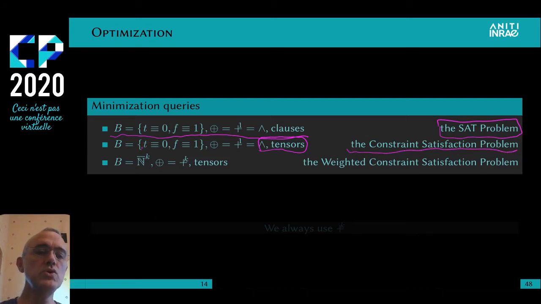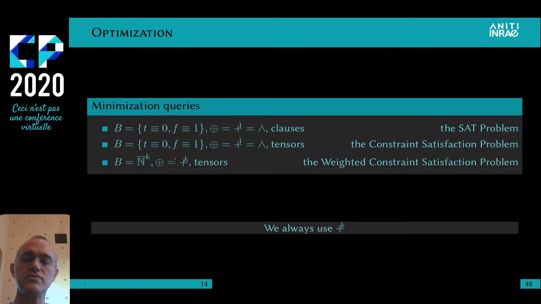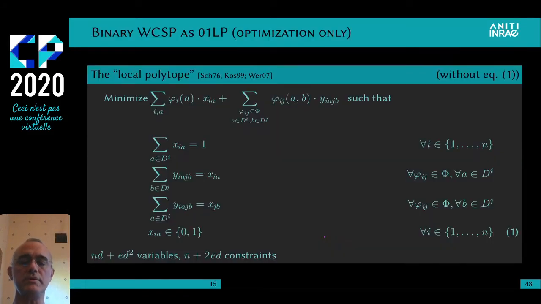And if you use a more extensive numerical scale, like this set here, and tensors, you are actually solving the weighted constraint satisfaction problem. You can always use the same operator all along, so in the rest of the tutorial we always use this operator. It can be logical or numerical, it works the same.